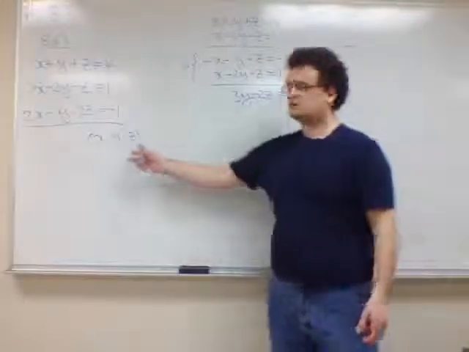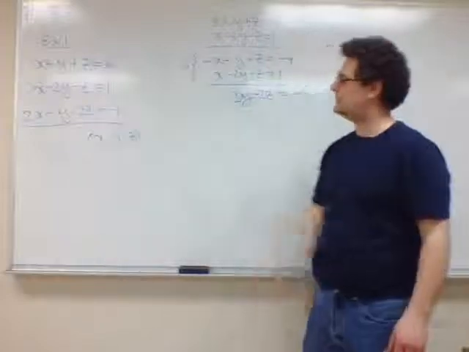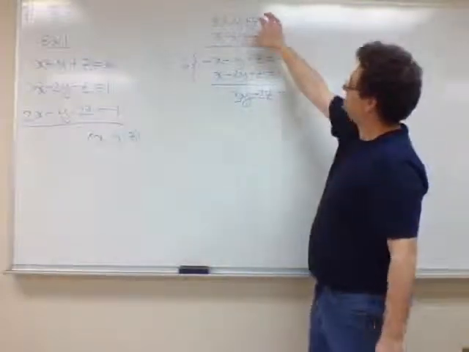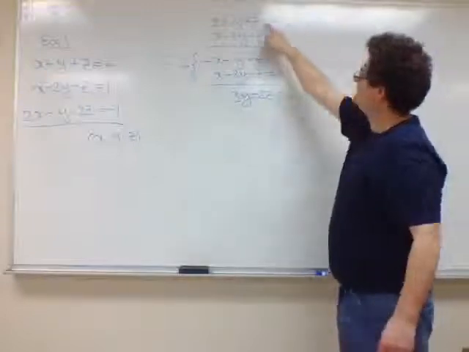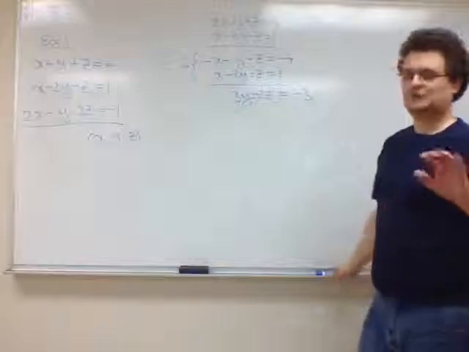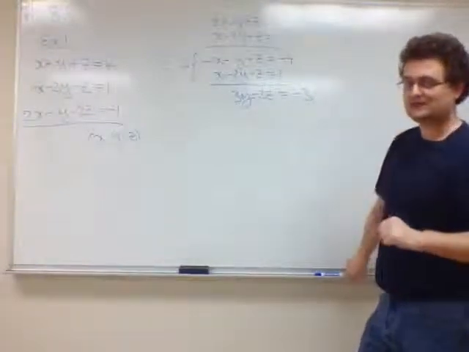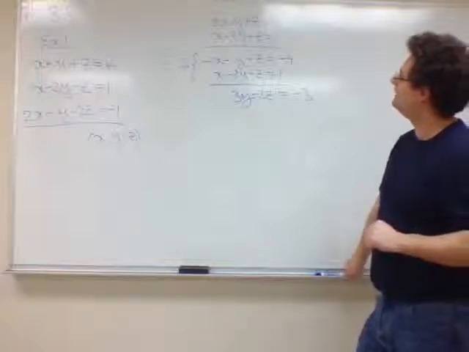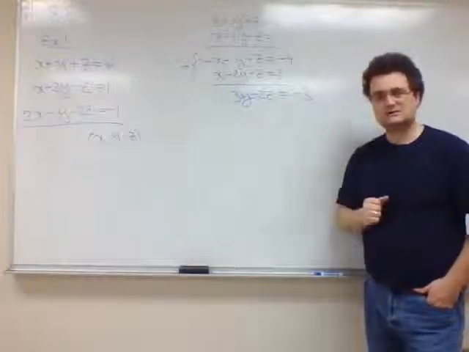So if x, y, z is a triple that satisfies all these three equations, it has to satisfy in particular these two equations. And when you multiply the first equation by -1, nothing changes in the sense you don't change the solution, so you are still looking for the same x, y, and z. And when you add these up, you get the equation where only y and z appear.